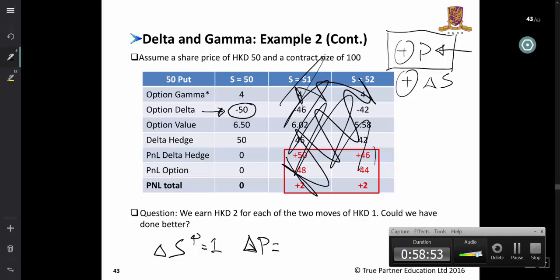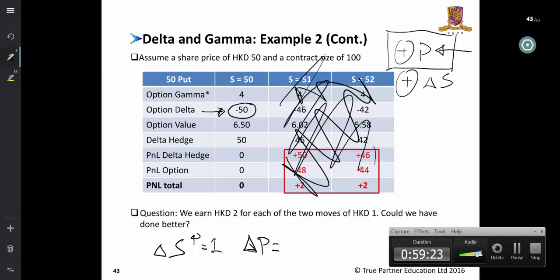If you are long a put and the share price goes up, are you happy or not? Why not? Because it will gradually become out of the money, or it's going in that direction, right? So you are not happy.